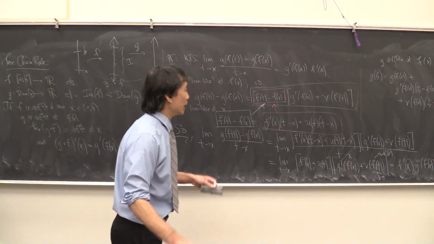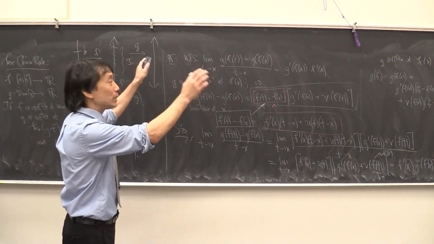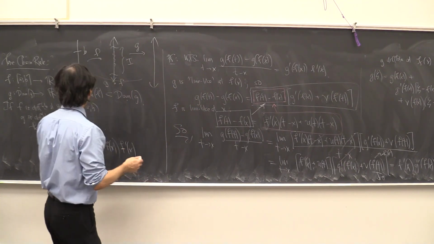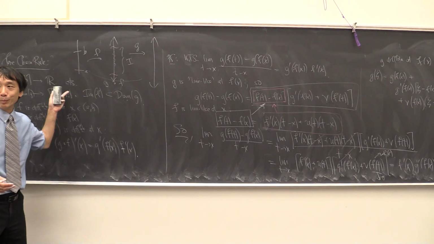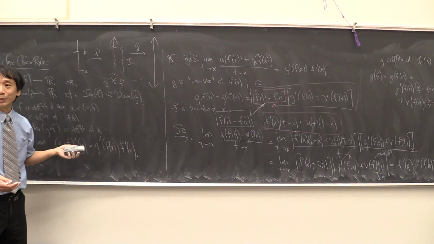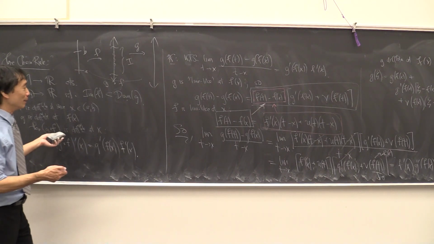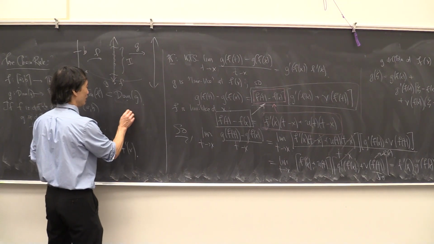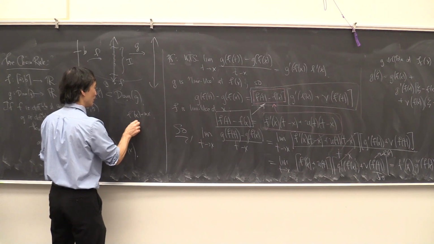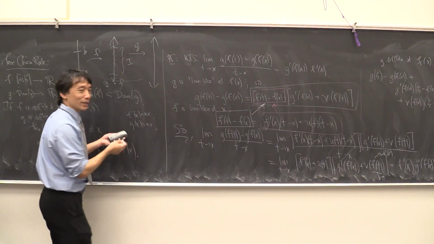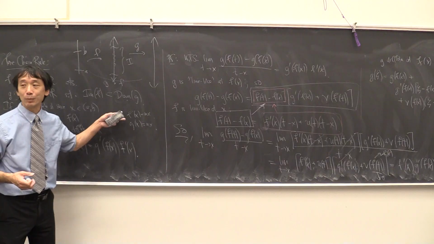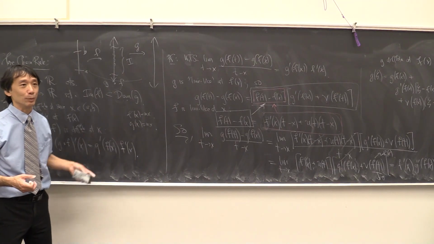Okay, so what's going on here? The way you want to think of this is that if you have two lines and you compose them, then what happens to the slopes? The slopes get multiplied. You've got f of x equals mx, and g of x equals nx. The slope of the composition is going to be the product of the slopes.